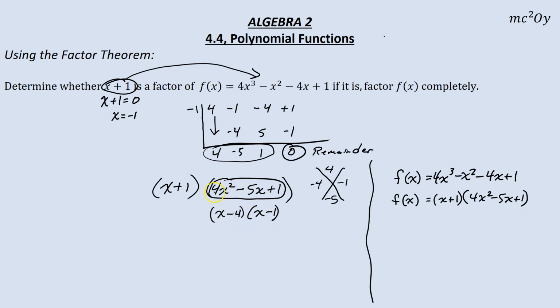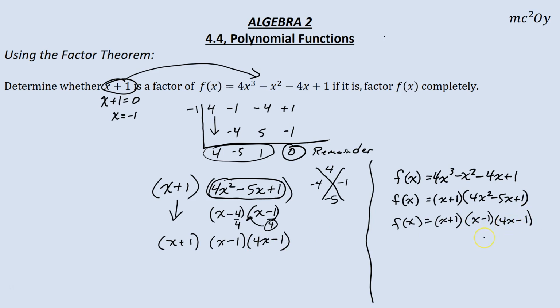Then I have to remember to divide by a, divide by that 4 and reduce. So I get x minus 1 and 4x minus 1. Since I can't reduce, I just bring it out there. And don't forget to bring this piece down. So that means you factored another piece. Now we know f of x equals x plus 1 times x minus 1 and 4x minus 1.